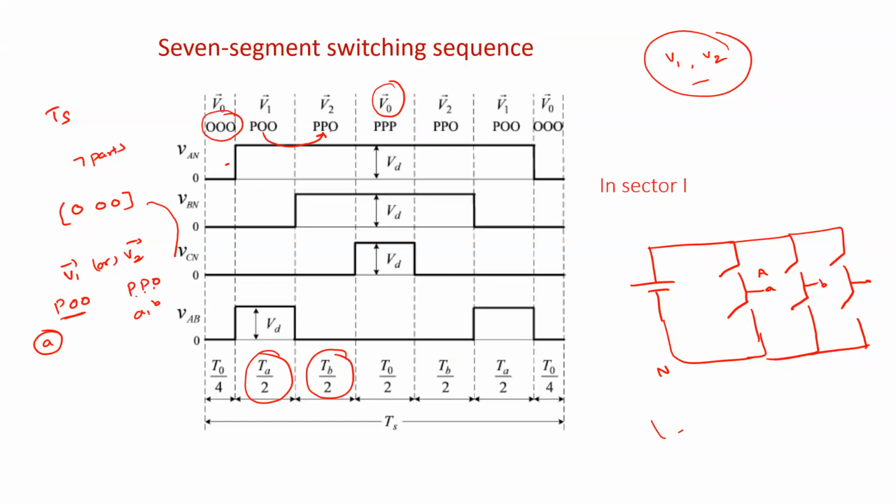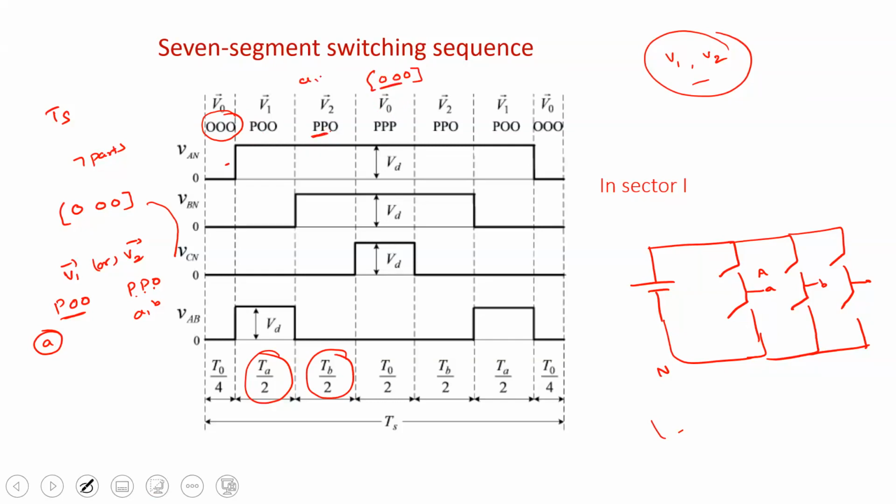Instead of that, there is another option. We can also use 000. So what is the disadvantage if you use 000 instead of PPP? Here this is PPP, right? So here PP is there and this 0 is there.